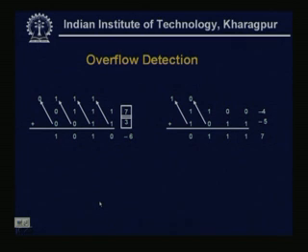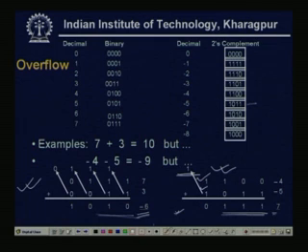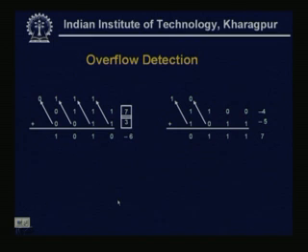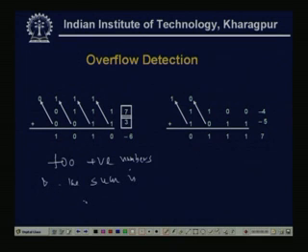So, how can we detect the overflow? These are the two cases: two positive numbers, 7 and 3, and the sum is negative.